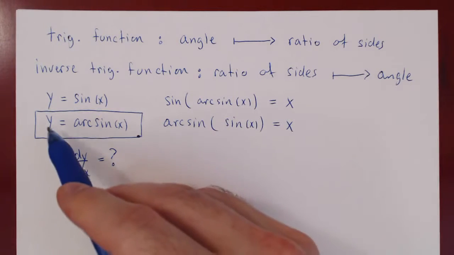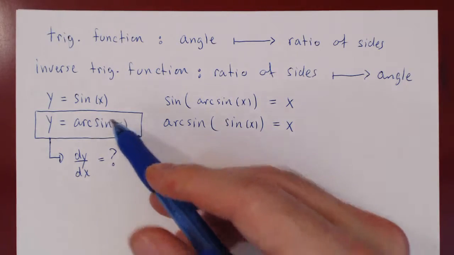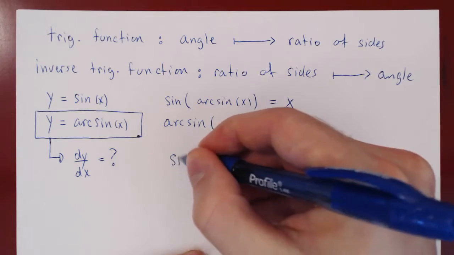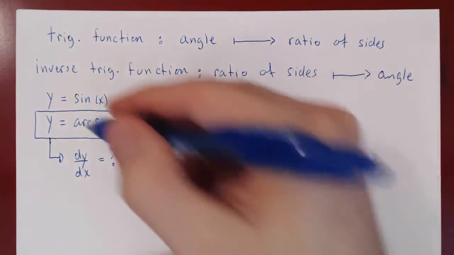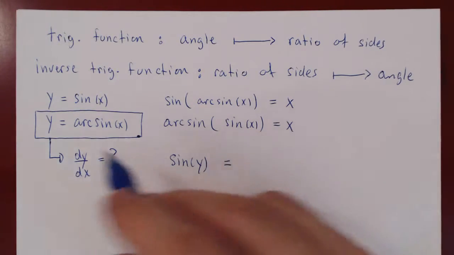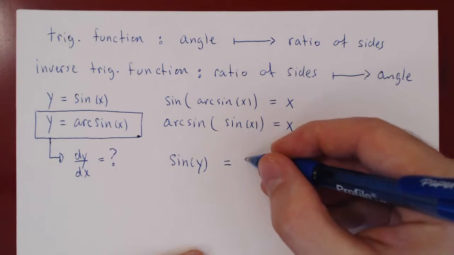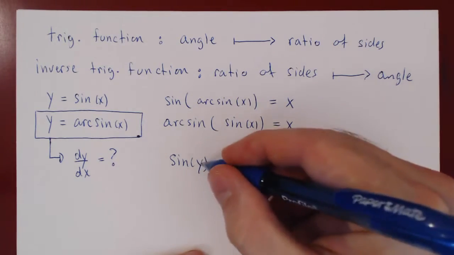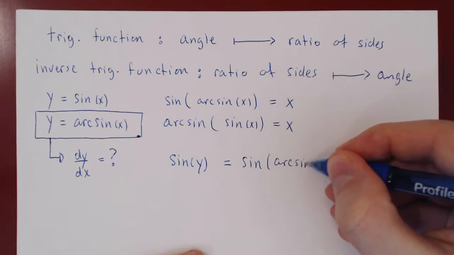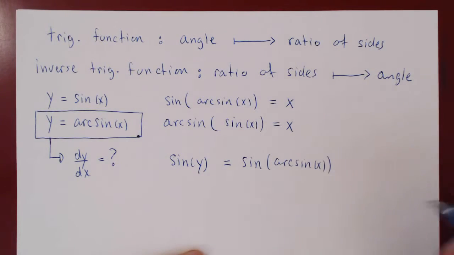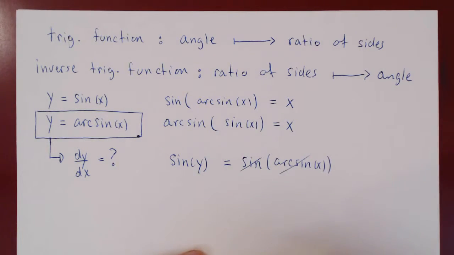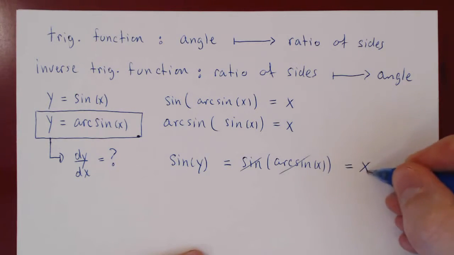So now think of it this way. y is equal to arc sine of x, so you can take the sine on both sides. The sine of the left-hand side, which is y, will equal, and now you can make the substitution, because y is equal to arc sine of x, you can replace y by arc sine of x. But sine is the inverse function of arc sine, so they cancel each other out, and we're left with quite simply the argument x.